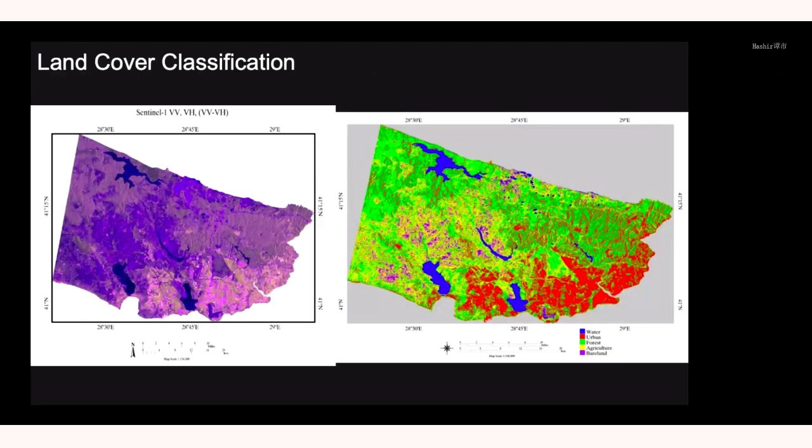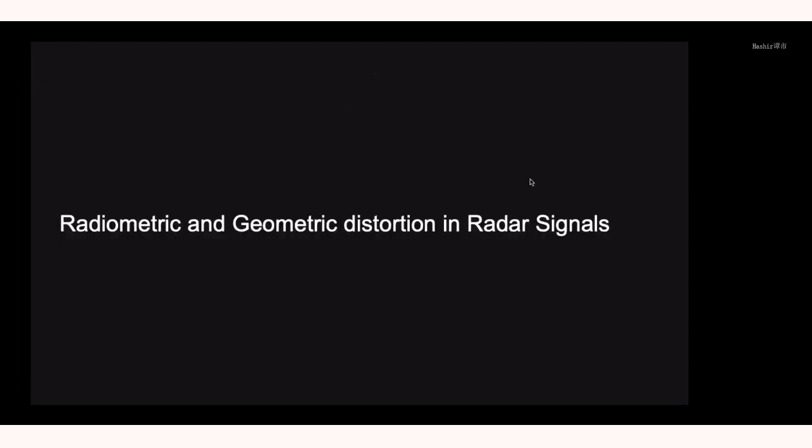The classification results may vary, actually, depending on the polarization. So what kind of polarization do you have? Is it VV, VH, or V or H? Based on the polarization, the results of classification may vary a little bit, or maybe more than that.